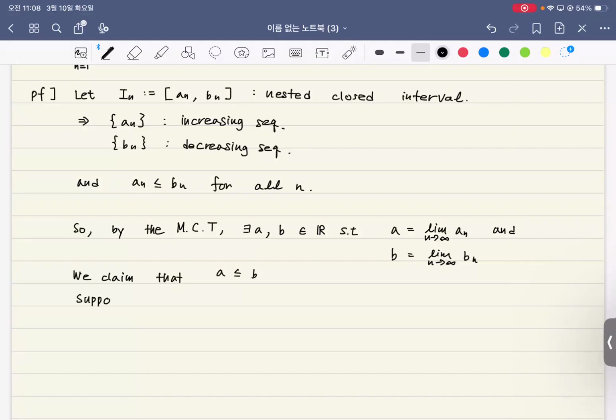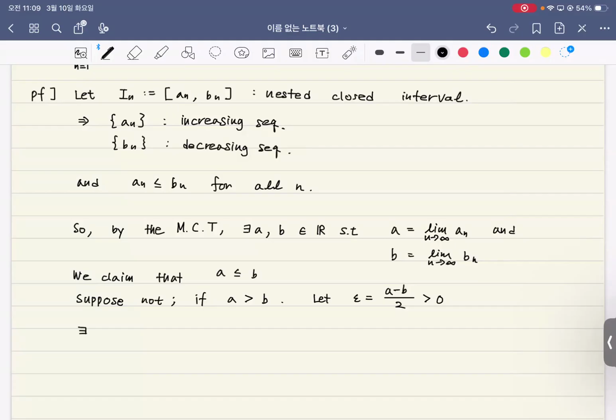I'll try to prove by contradiction. If A is greater than B, then there must be some contradiction. Then we define our epsilon to be A minus B over 2, which is clearly a positive number, right?